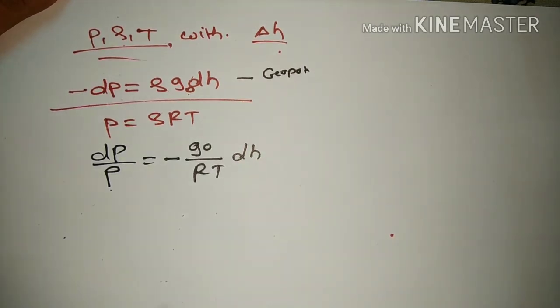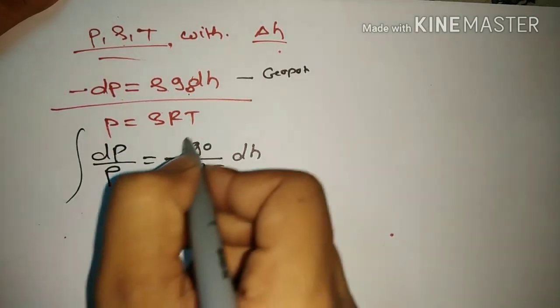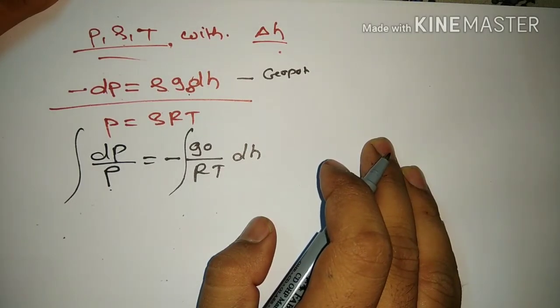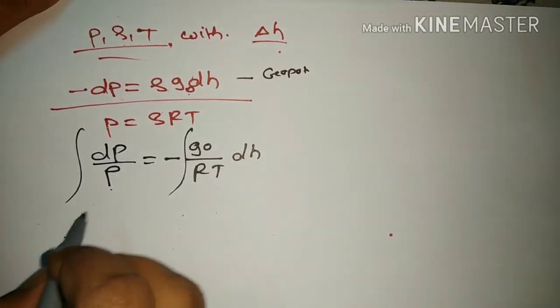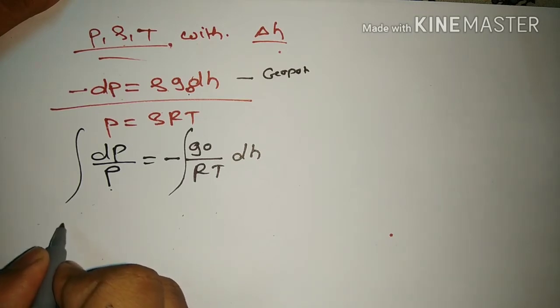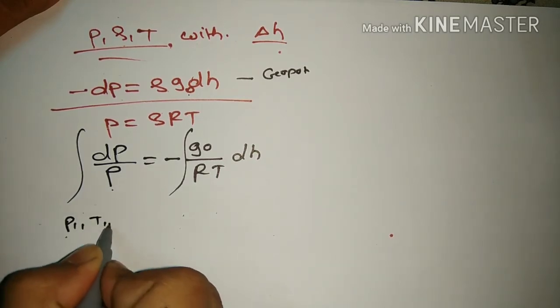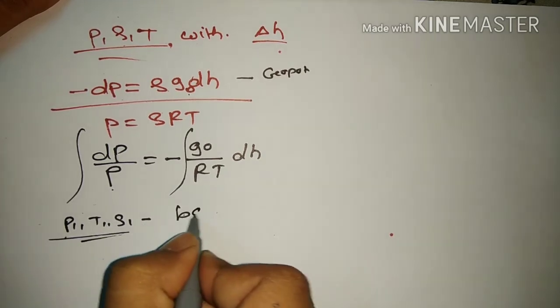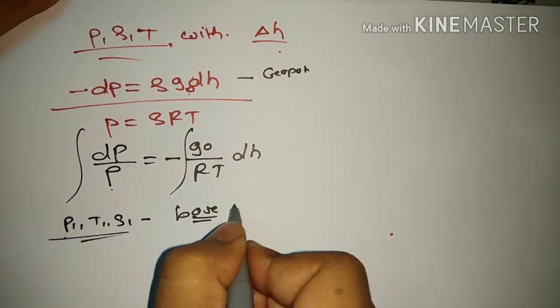Now we integrate both sides. Always understand that p1, T1, rho1 are base values or reference values.